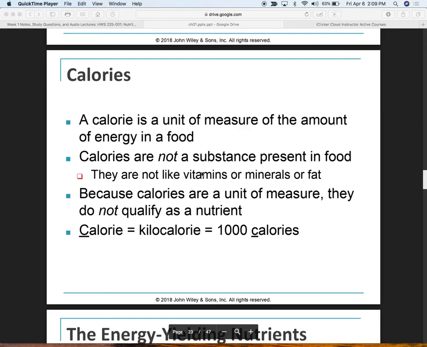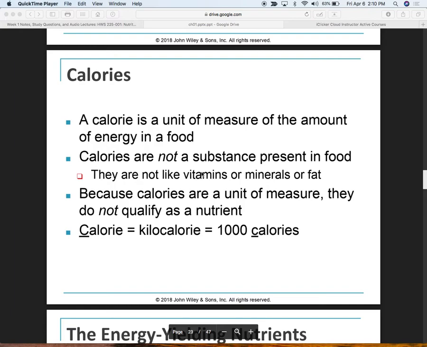Now, the amount of heat required to raise 1 cubic centimeter of water 1 degree Celsius, that's the definition of a calorie. Okay?